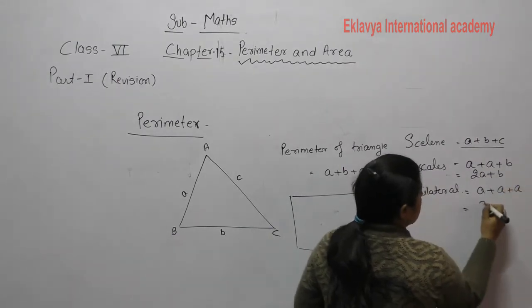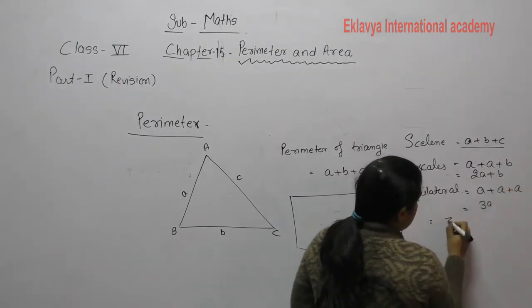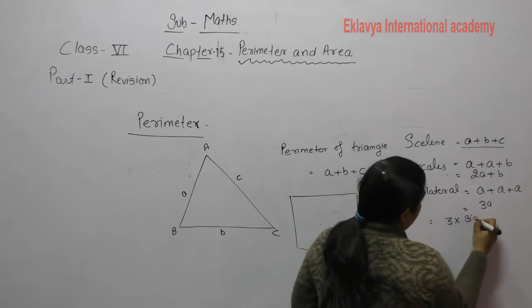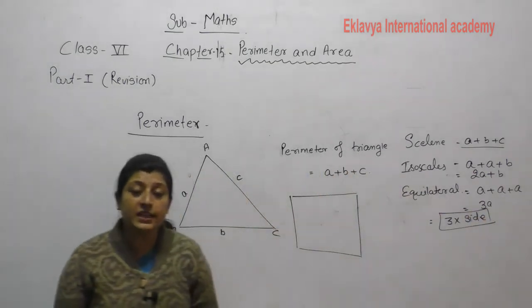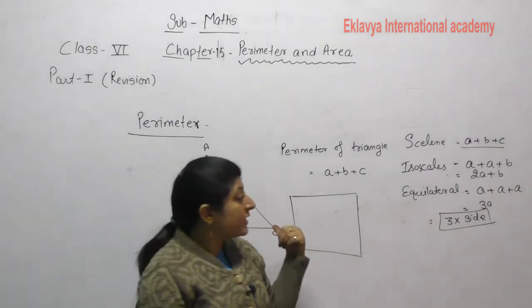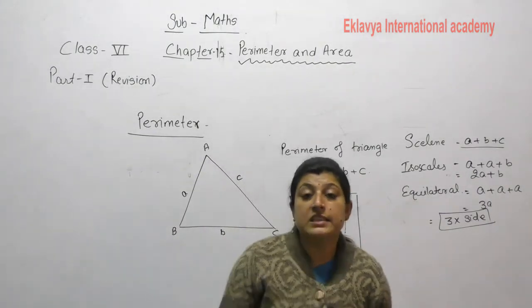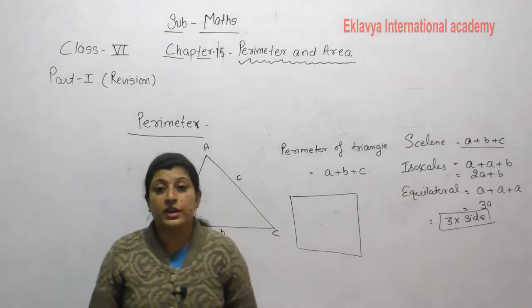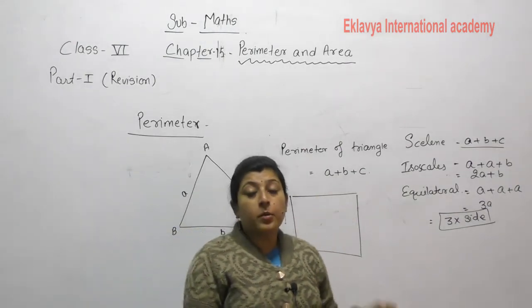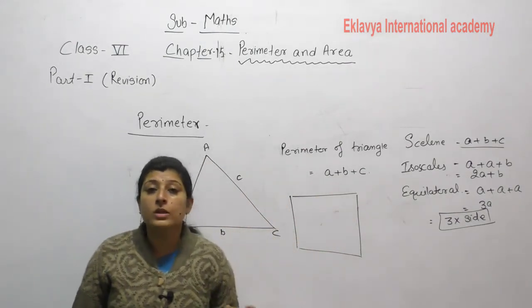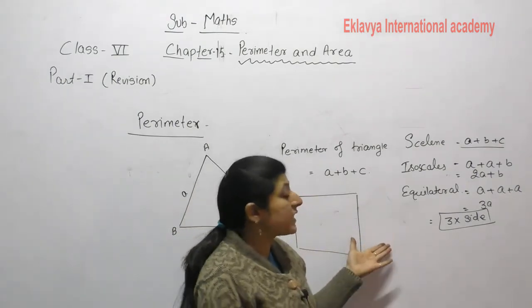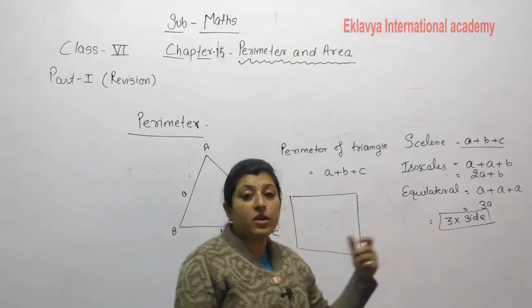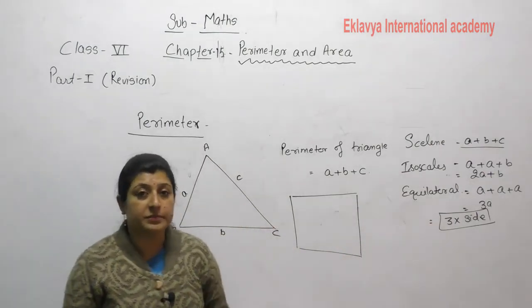It means 3A, or we can say perimeter of an equilateral triangle is equal to 3 multiplied by side. An equilateral triangle is a regular polygon also. A polygon which has all sides equal is called a regular polygon, and the equilateral triangle is one example of a regular polygon.